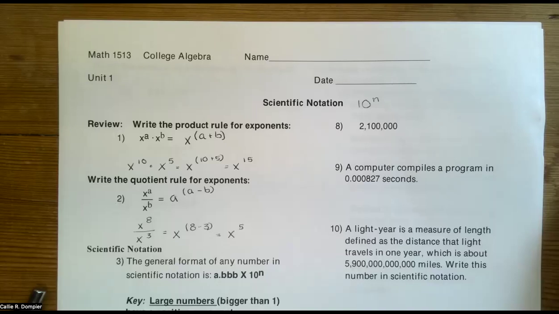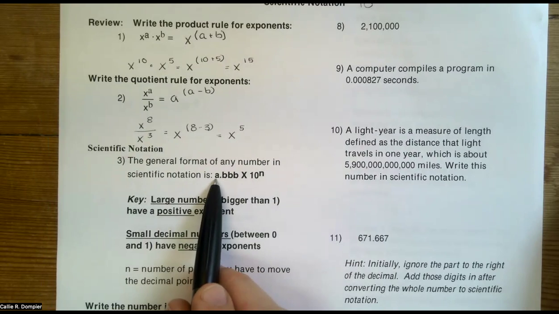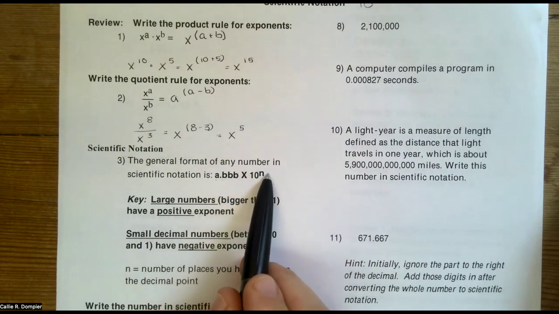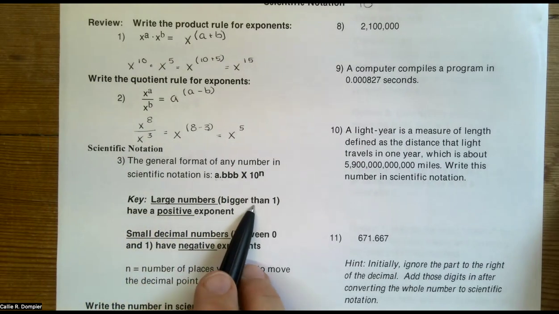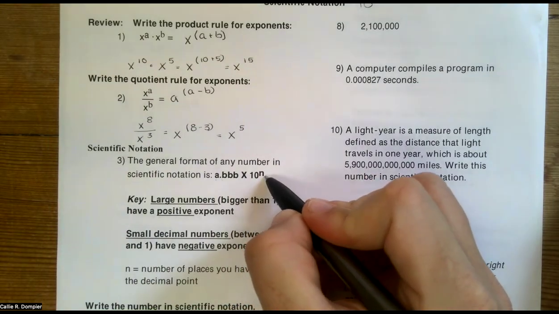Back to this. The general format of a number in scientific notation is one number in front of the decimal, every other part of the number behind the decimal being multiplied by 10 to the power of a variable, okay? If it's a really big number, which is why scientific notation was made, to show really, really big numbers more easily, or really, really small numbers. If it's a big number, that exponent, that n, is going to be positive, right?